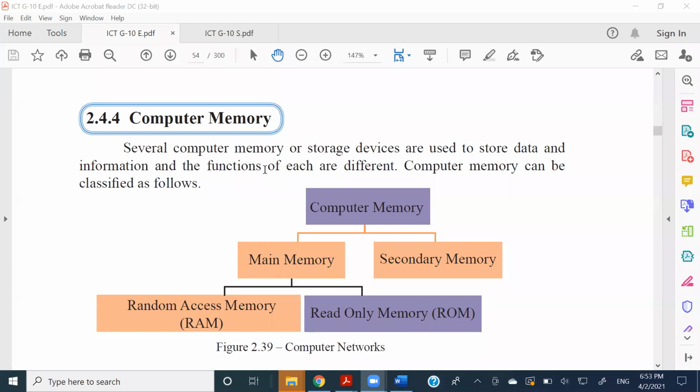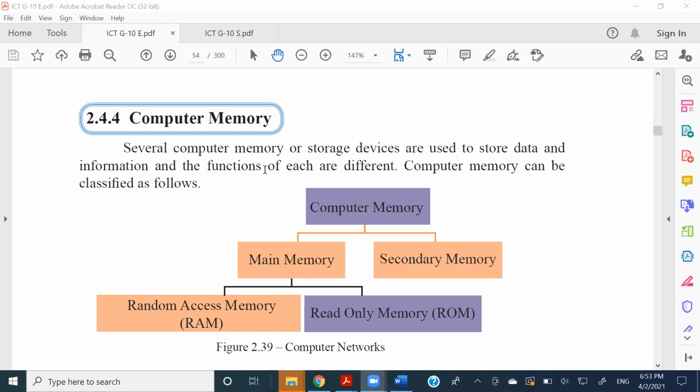right? And again, as per your book, it can be categorized into two categories as well: main memory and secondary memory, right? Main memory includes three different memories. The book only illustrates two: random access memory, which is the RAM, and the read-only memory, which is the ROM. Other than this, there is another memory called cache memory, right?